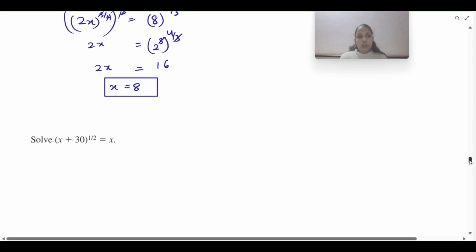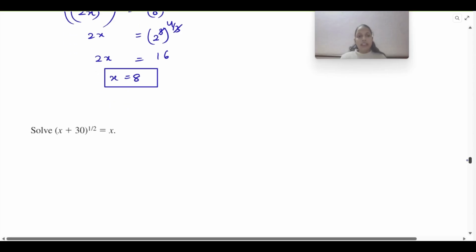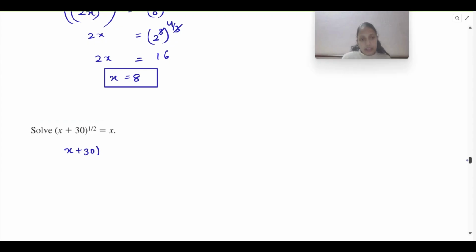Next, solve this: x plus 30 to the power half equals x. In this case, we will try to take square on both sides. x plus 30, half was there, I took square on both sides, equals x squared. Square and root cancel, so x plus 30 equals x squared.